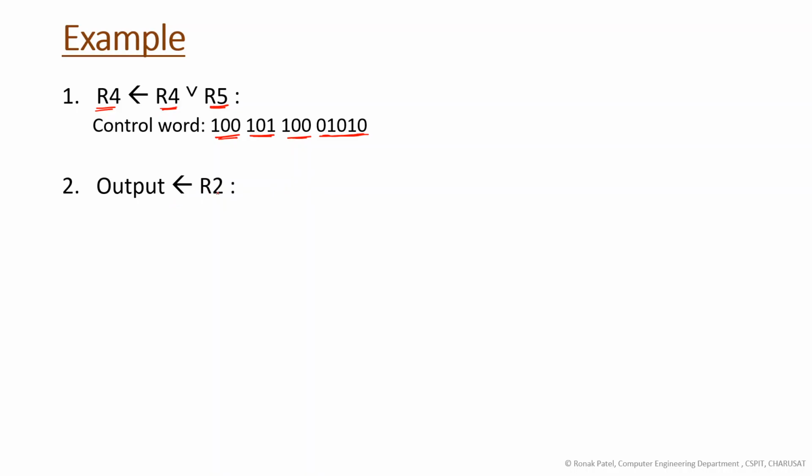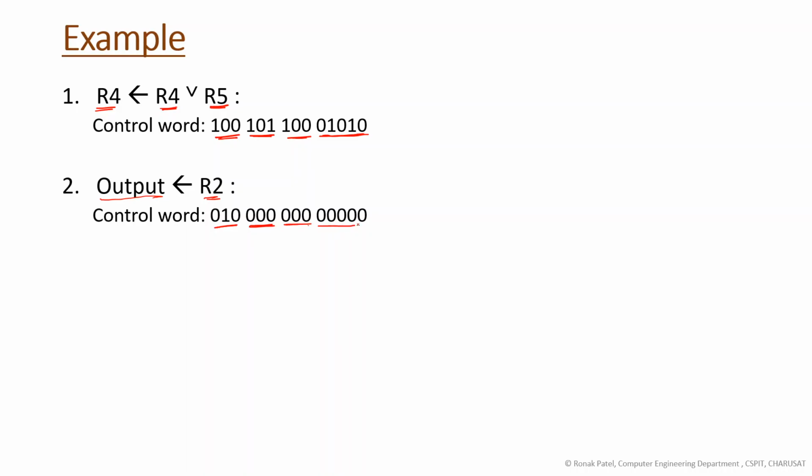Now, whatever value we have in R2, I want to pass directly to the output. In that case, 0 1 0 is R2. Select B: you can select just the input, or it will not do anything, so 0 0 0, you can put anything there. Then for the destination, since you are giving the result to output, the decoder value must be 000.